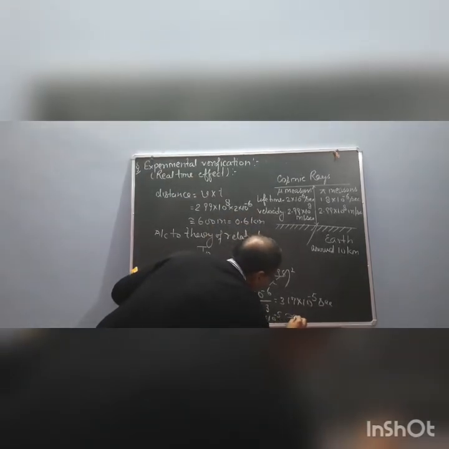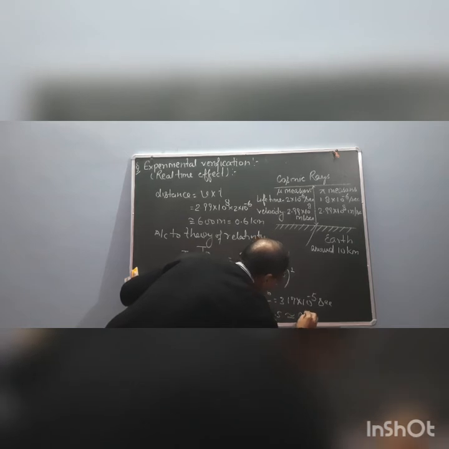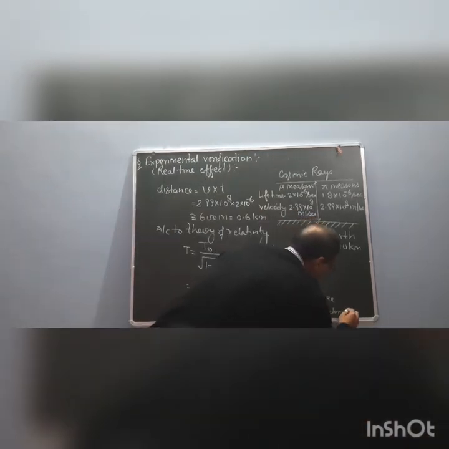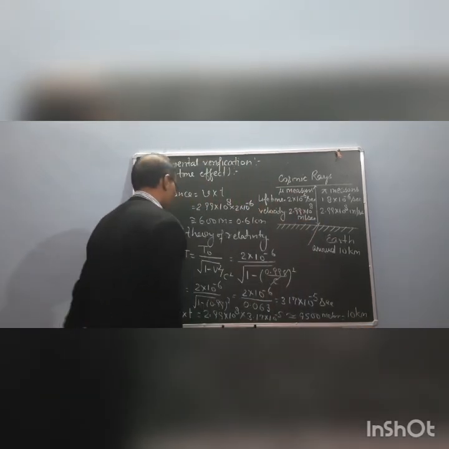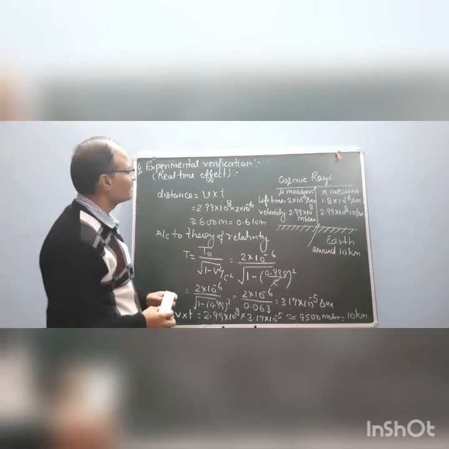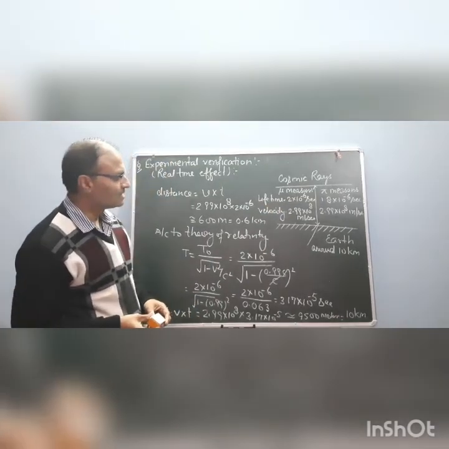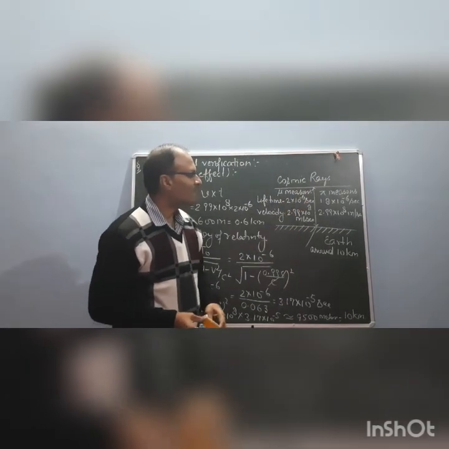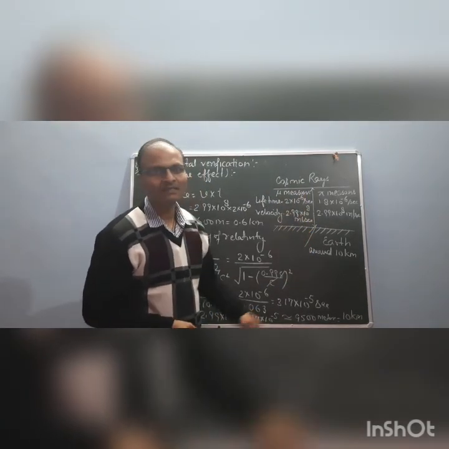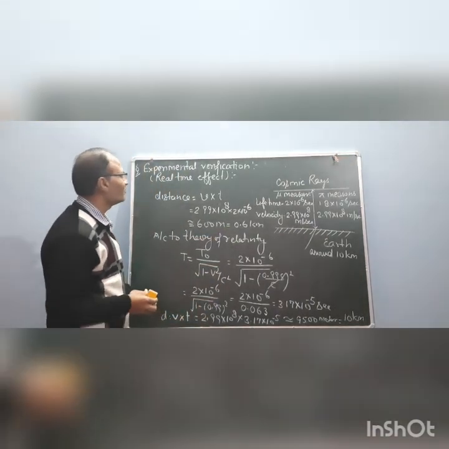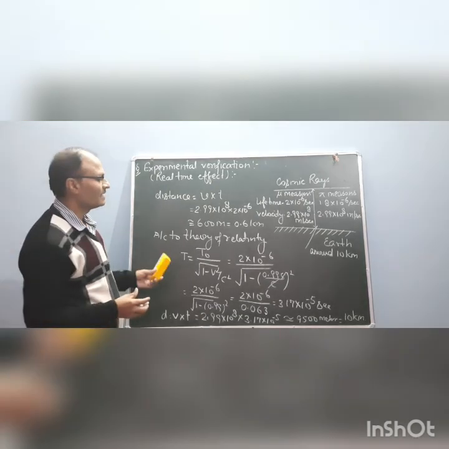This is around 9500 meter, so approximately 10 kilometer. So by this reason, the cosmic rays which contain mu meson are received above the Earth's surface, which distance is around 10 kilometer. So this is the example of the real time effect of time dilation.